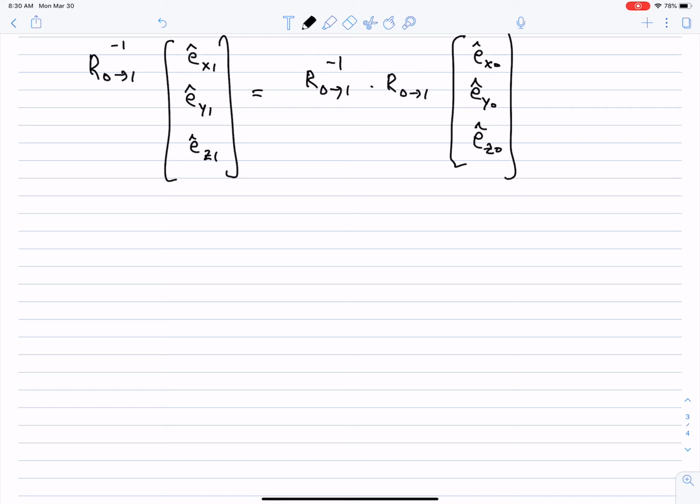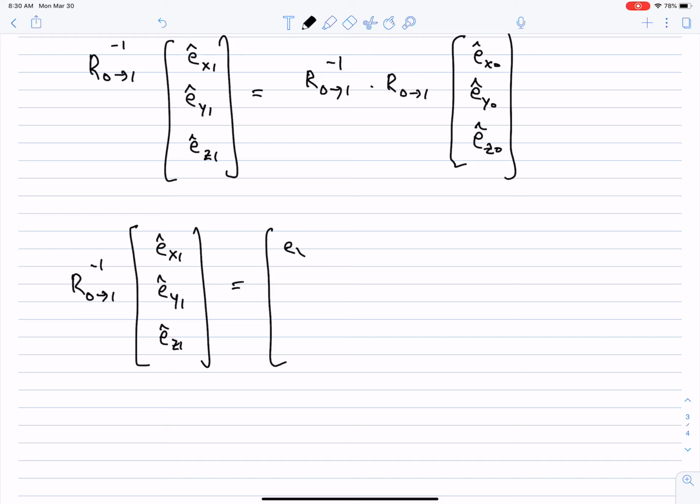So what we have is R0 to 1 inverse times EX1, EY1, EZ1 equals, these two things cancel or give you identity, EX naught, EY naught, EZ naught.